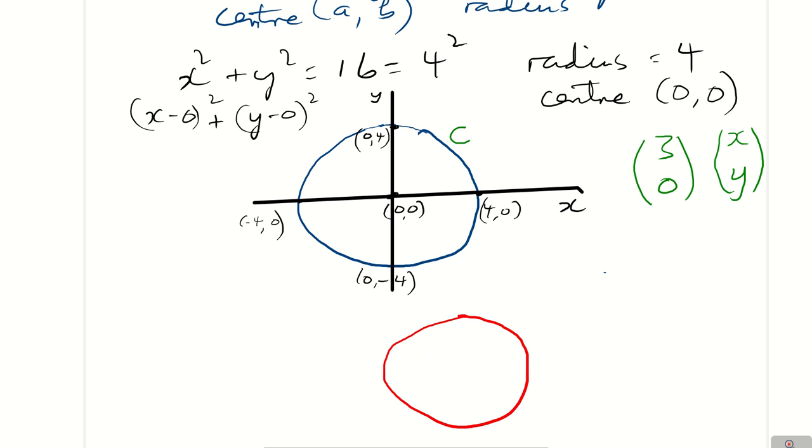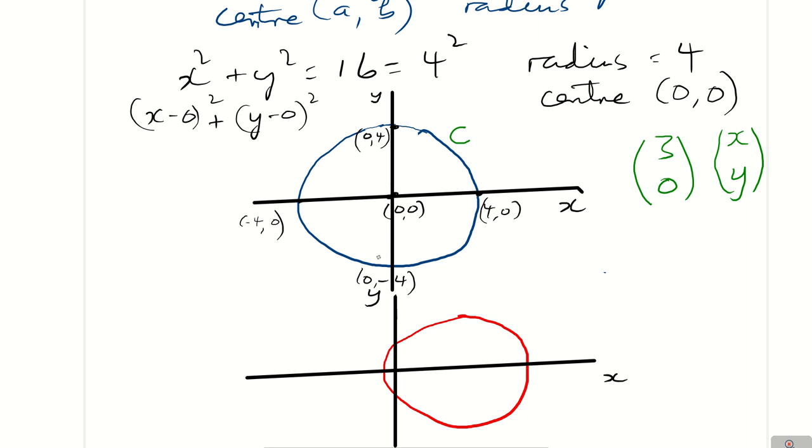And I'll try and put the axes on now. It's going to go down, like that, and across something like that. Again, I've gone slightly wonky, but we should get the idea.